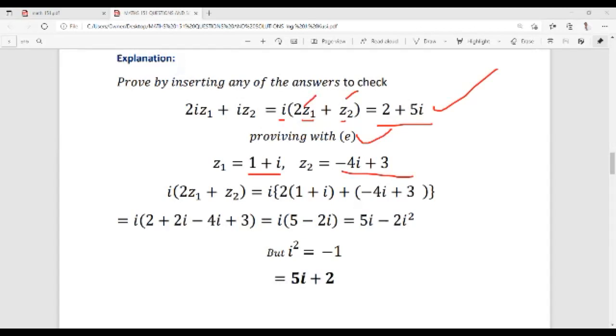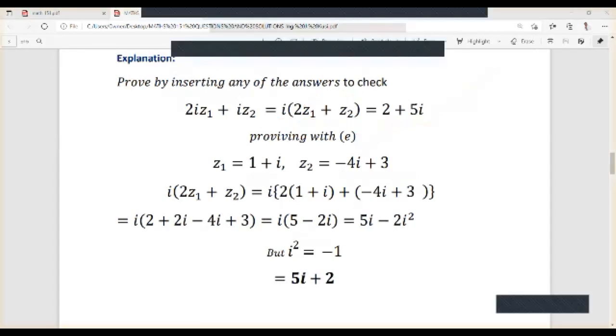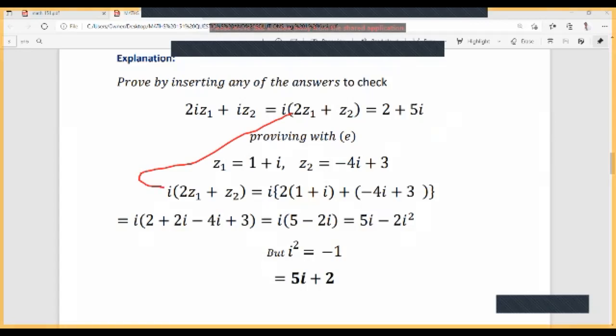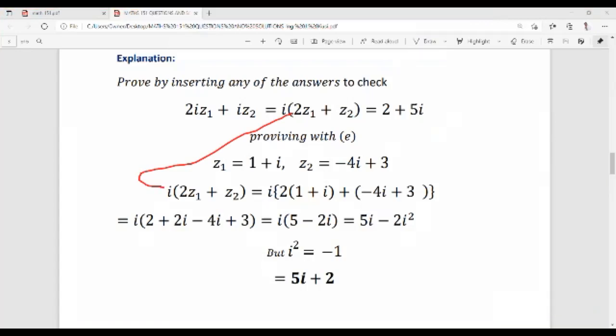Yes. Okay, good. So I've just brought what is here to the side here. And so i maintains, then 2 maintains, but 2 is multiplied by Z1. According to the answers provided there, Z1 is i plus 1. So I'll put them here inside this bracket.